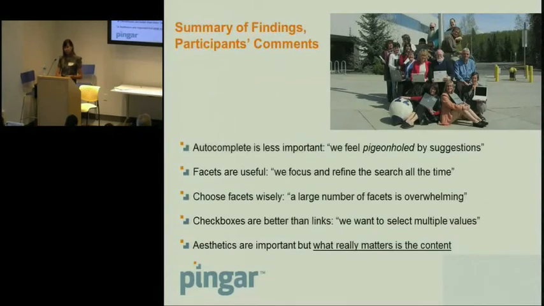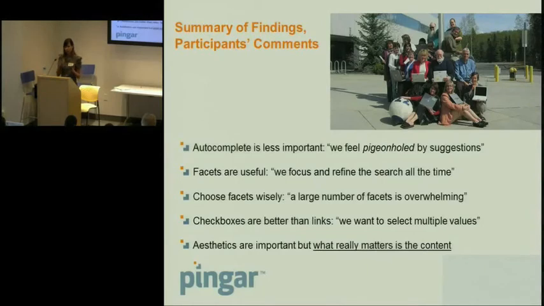Participants commented on why they found autocomplete less important. They say they feel pigeonholed by those suggestions, so they don't want to see them. And with regards to facets, they commented that they should be focused on their search queries. So if they're looking for a particular disease, they would like to see the symptoms, and they really like the category organisms.